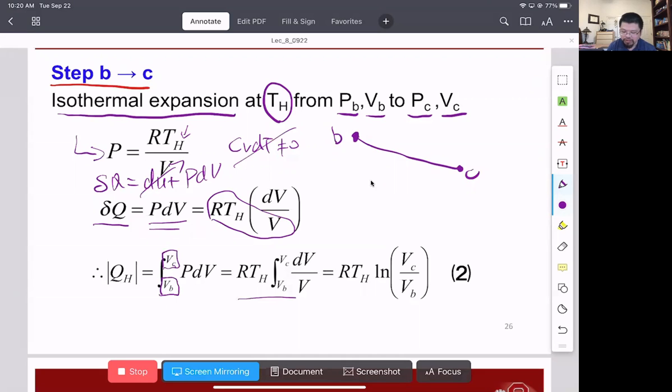So run this integration, and you could quickly have the amount of heat input to the Carnot cycle for the step from B to C, right?